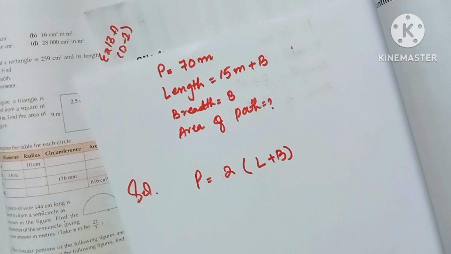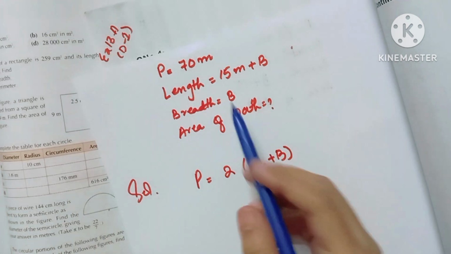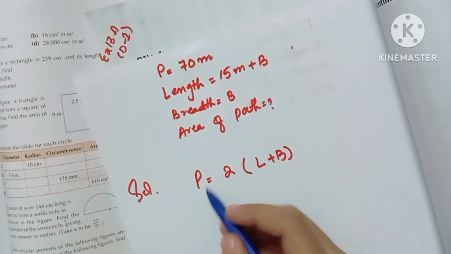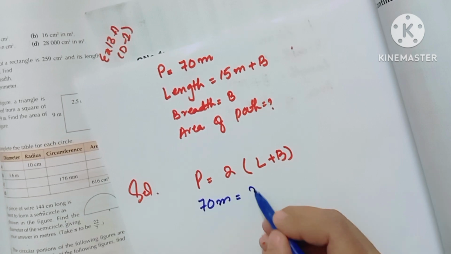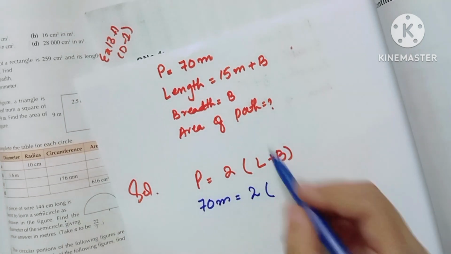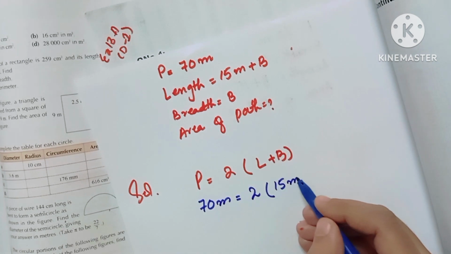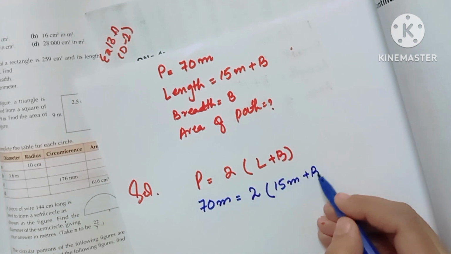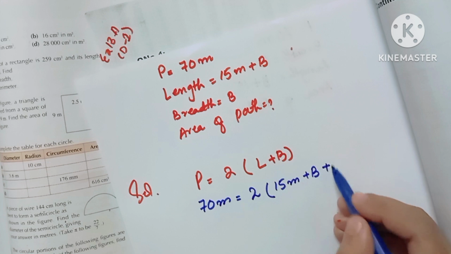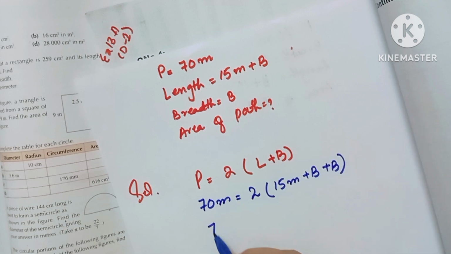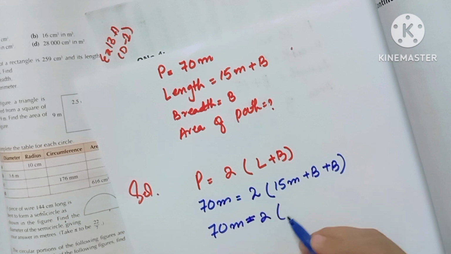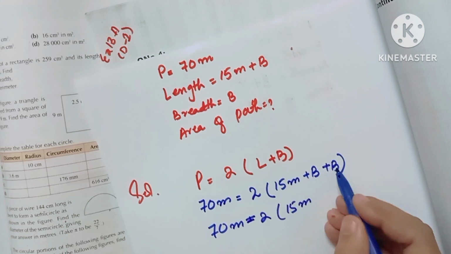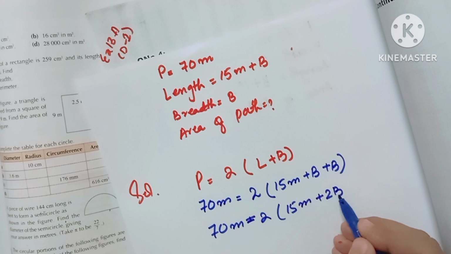That is a basic formula. We need to put in the values of L, B and the perimeter. Perimeter is 70 meter, L is 15 meter plus B, and the breadth is B. We can say 70 meter equals 2 times (15 meter plus B plus B), which is 2B.